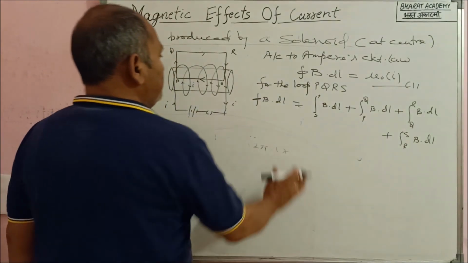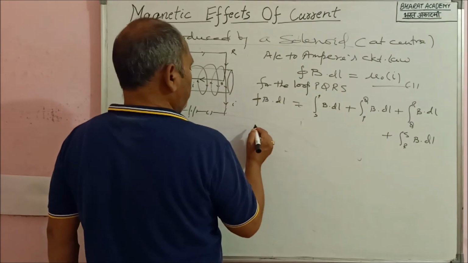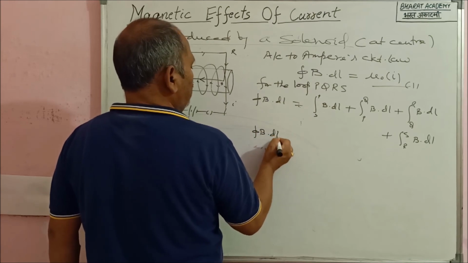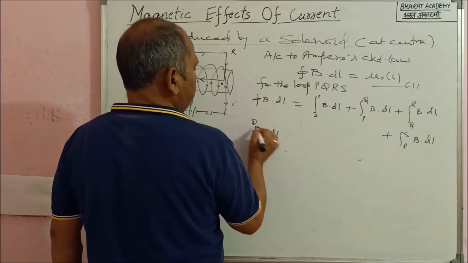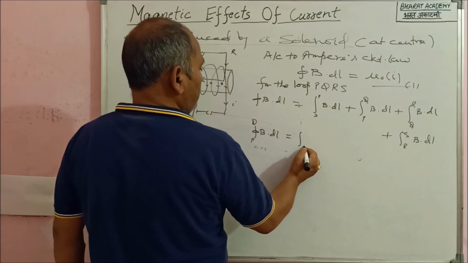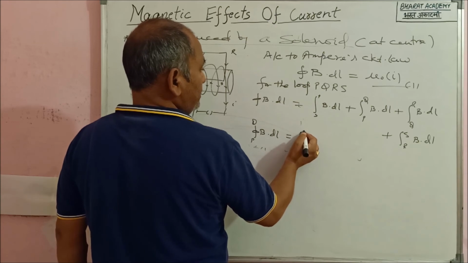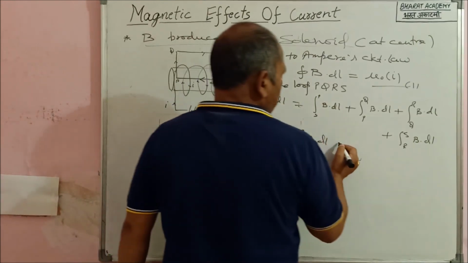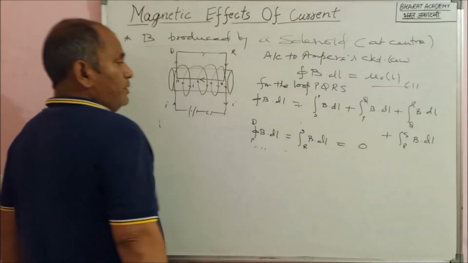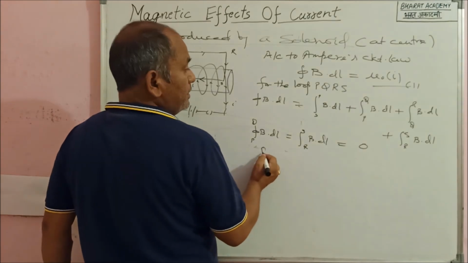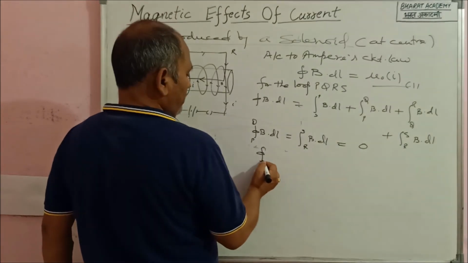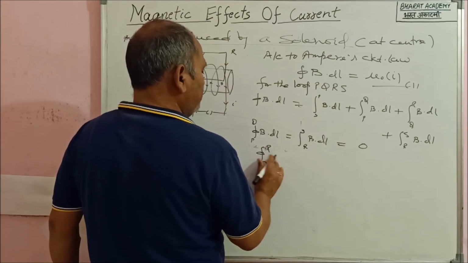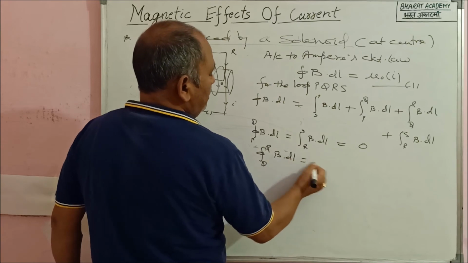So what we got? The integrals of B dot dl from P to Q and from R to S are perpendicular to the current direction, so they are 0. And so far as the integral from Q to R is concerned, there is no current outside it, so B dot dl will be 0.